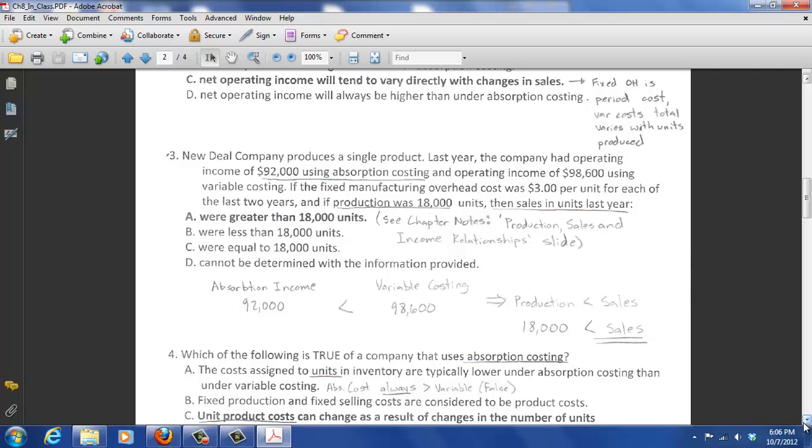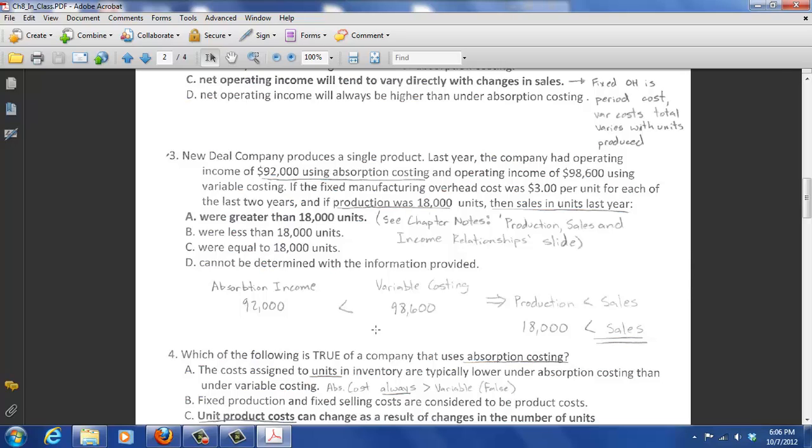Moving on to number 3, we're told that New Deal Company produces a single product. We're told the level of operating income using absorption costing is 92,000. I've noted that down here. We're also told that using variable costing, the operating income is 98,600. And if we remember back to the chapter and the chapter notes, we had some comparisons between production and sales.